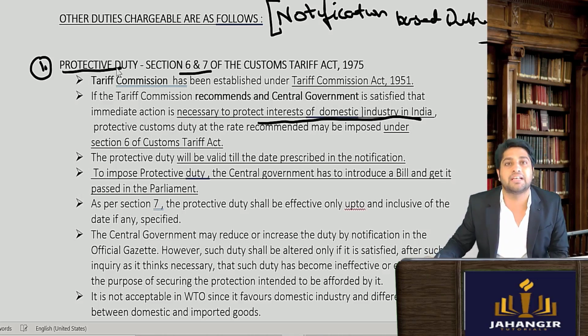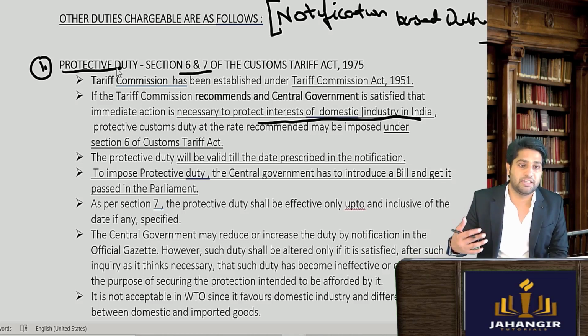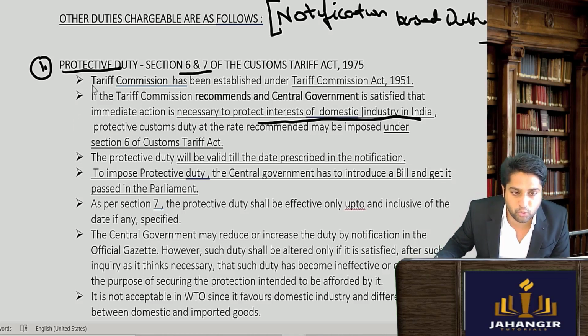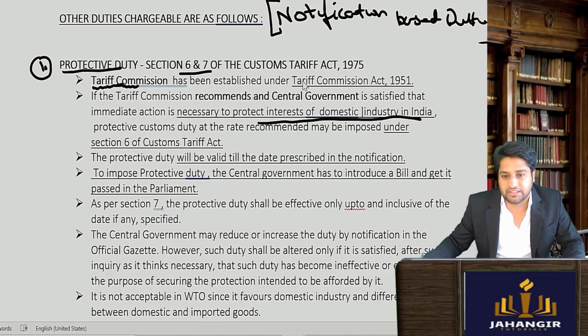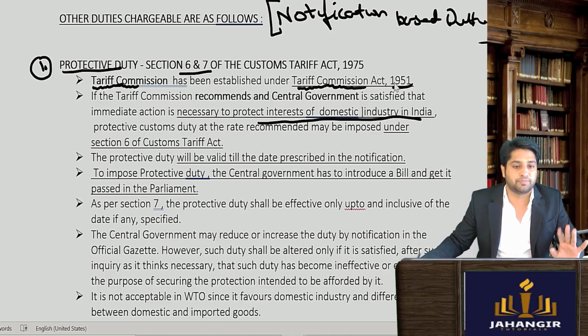So whenever we feel that the domestic industry is getting affected with imports because everybody is importing, nobody is buying from them. So if the commission, the Tariff Commission, feels so, and now it is important who has the right to issue this. The Tariff Commission has been established under the Tariff Commission Act 1951.